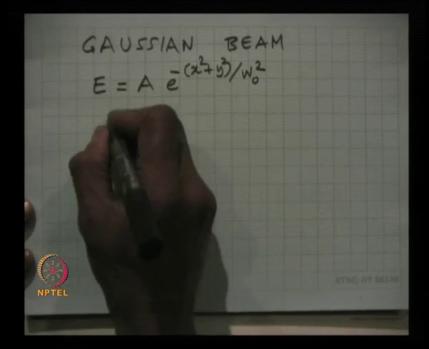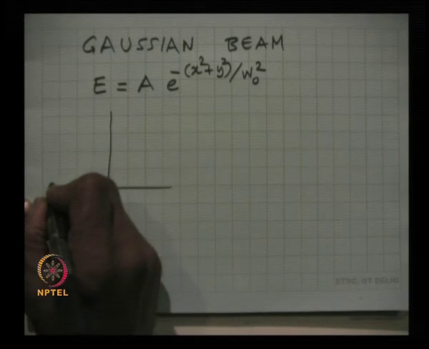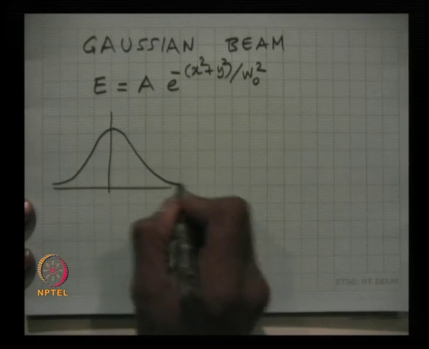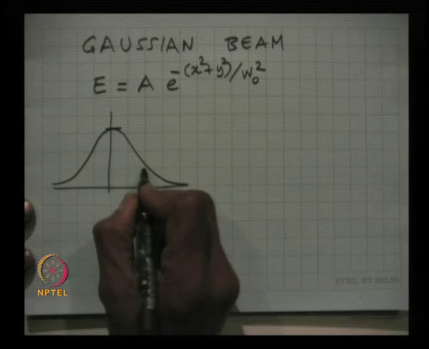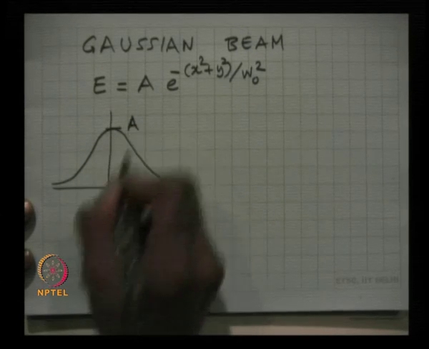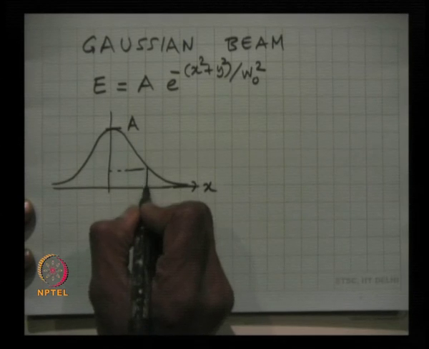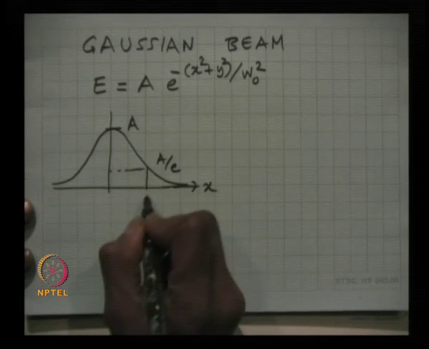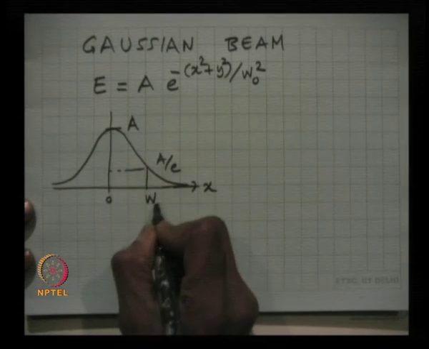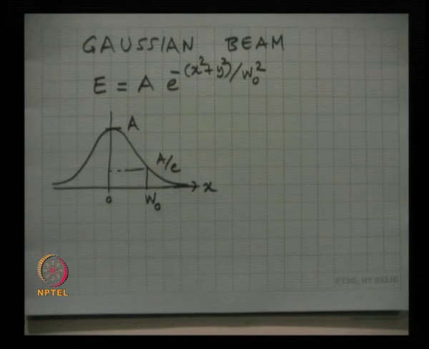If you plot the electric field as a function of distance, something like this, and this is a here. So, this is a function of x, and the distance at which it becomes a by e is w 0 here. This value w 0 is the distance from the axis where the amplitude of the electric field decreases by a factor of 1 by e.